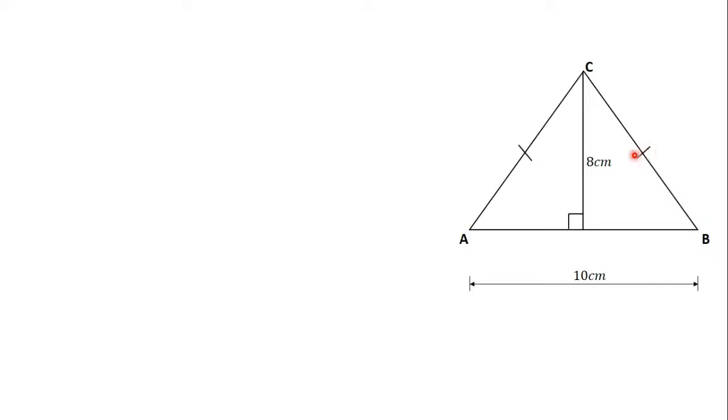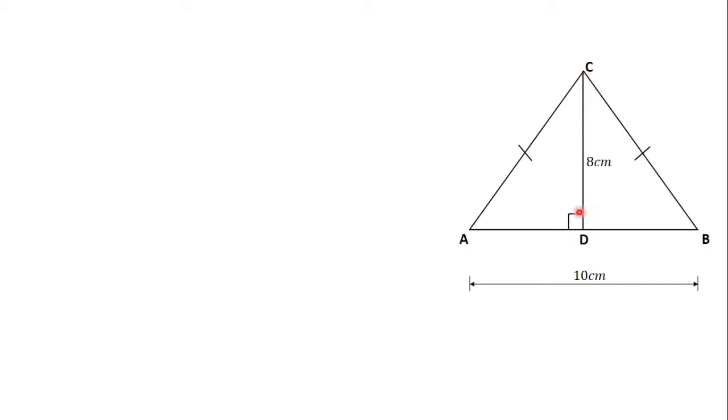We also learned in the previous video that for isosceles triangles, if we draw a line from point C to meet the line AB, that is the height, where they meet, I'm going to call this point D. It meets it at point D. That is what I'm choosing to call it.